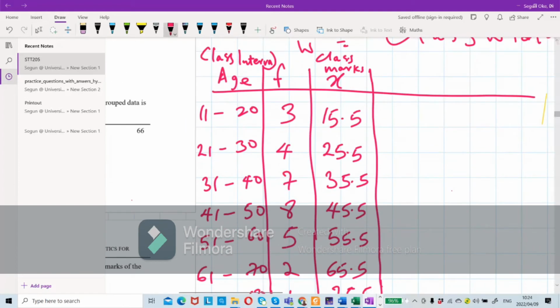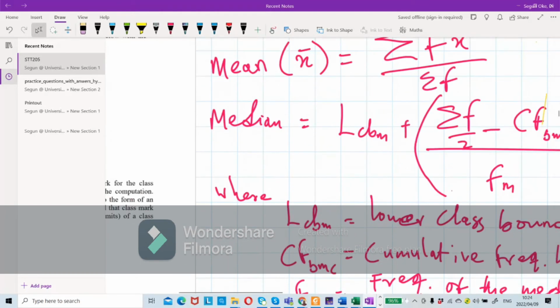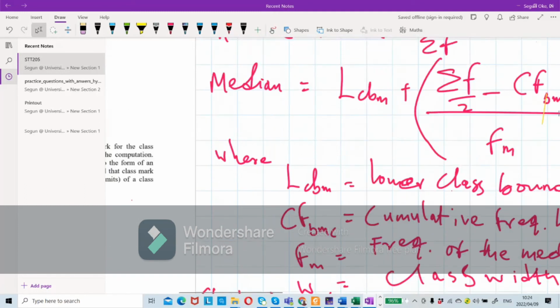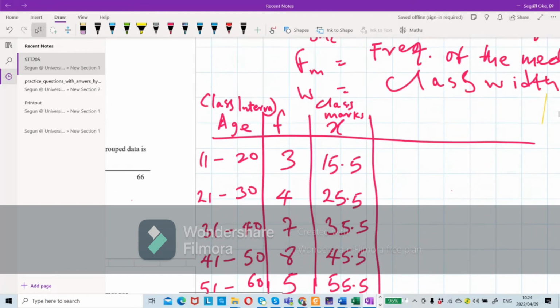Now, if you read the formula that we need to calculate the mean, we need summation of fx divided by summation of f. Summation of fx means we need f multiplied by x, meaning 3 multiplied by 15.5. Please do that in your notes.